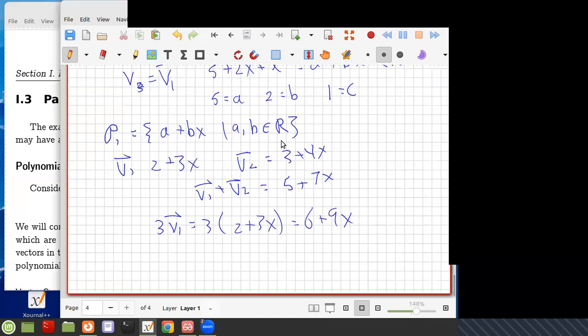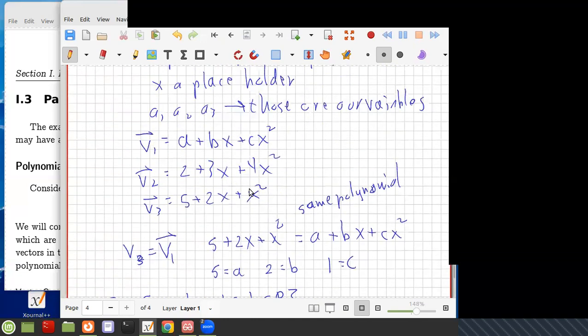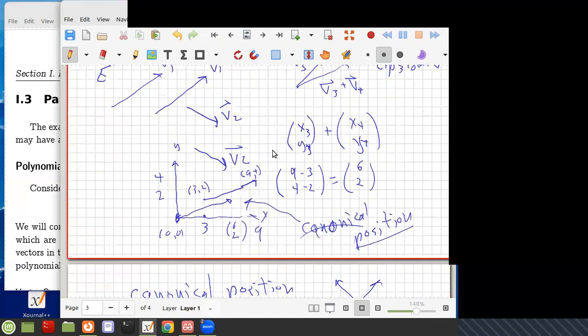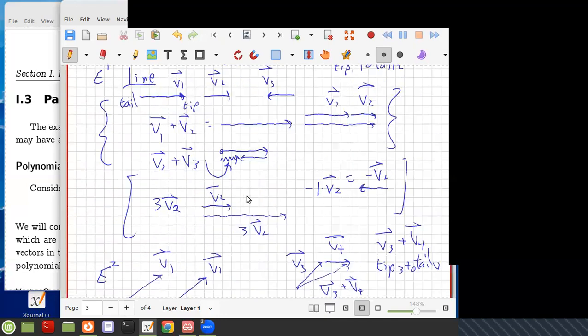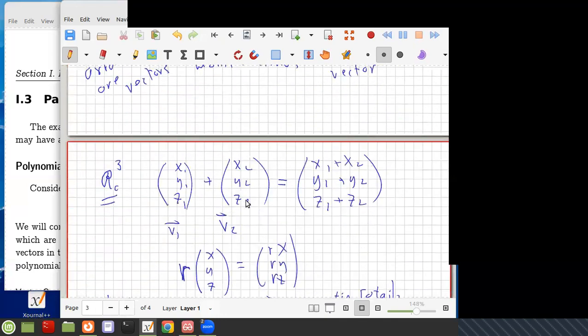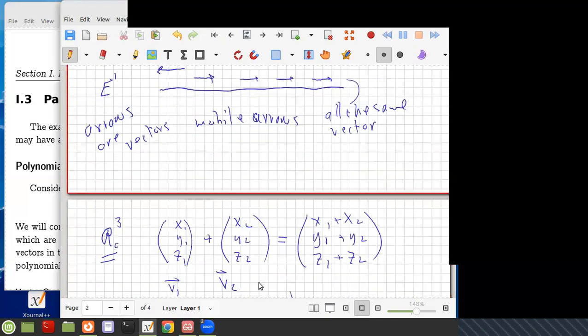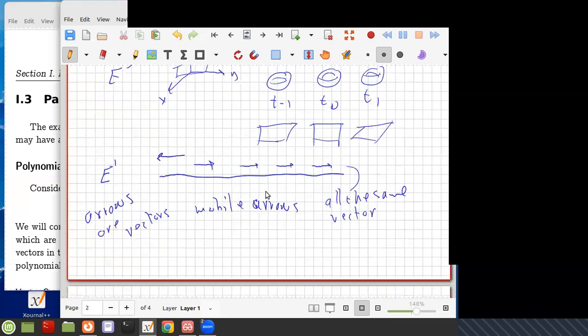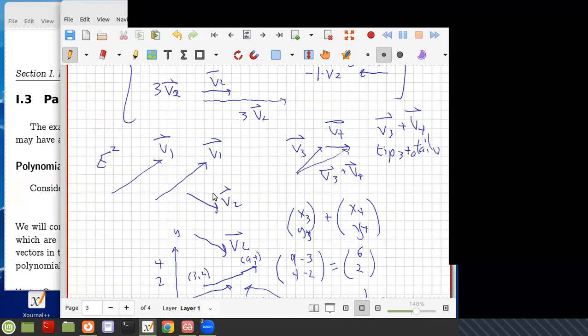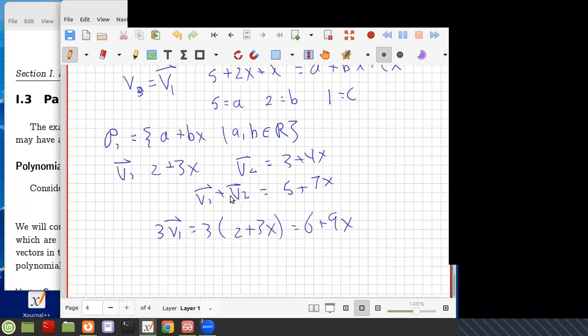It turns out that these objects, treated this way, have all the same properties as the arrows, except that they don't have a geometry the way those do, but they have all the same properties as these column vectors. Okay, so that's our third example.